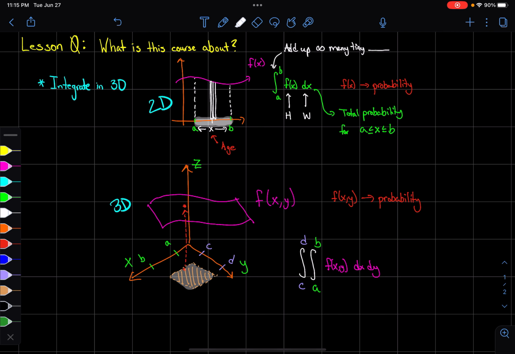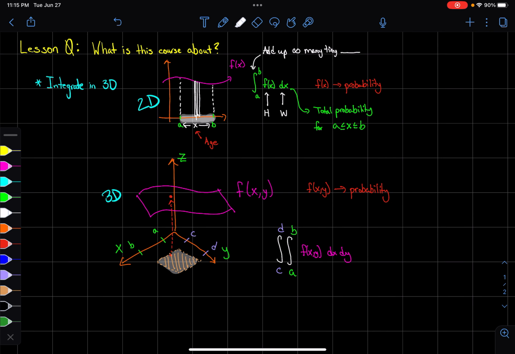We get a 2D region of integration, and we can, in theory, continue this for as many dimensions as we want, because probability could be based on a whole bunch of variables. Maybe it's based on 3 variables. It's based on your age, your income, and how tall you are, something like that, right?